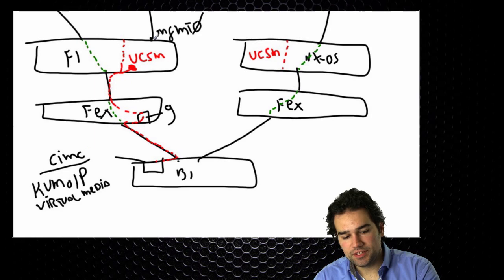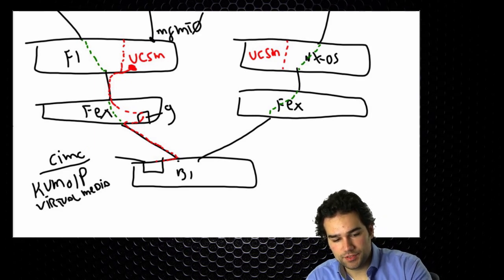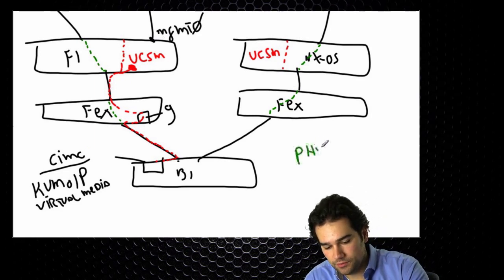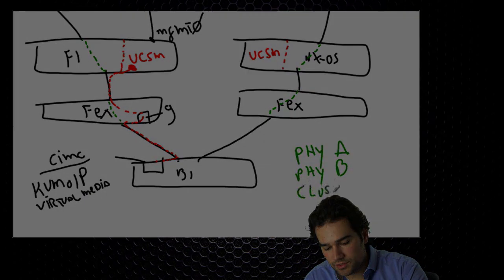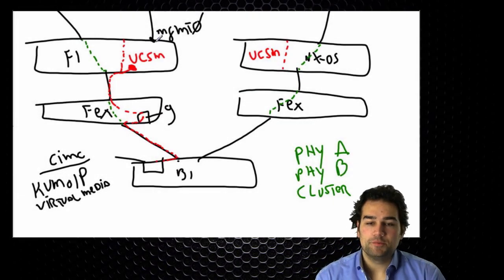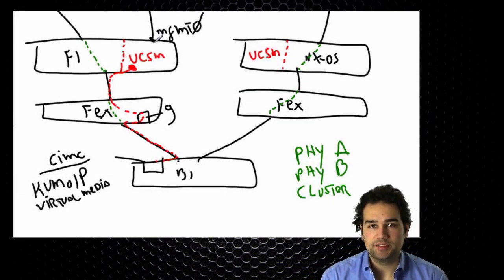The management connection here is using those 3 IP addresses that we talked about. So we have a physical IP for FIA, we have a physical IP for FIB, and we have that cluster address. Now the management port here is not a proxy server, so it's not going to proxy the connections towards the CIMC.